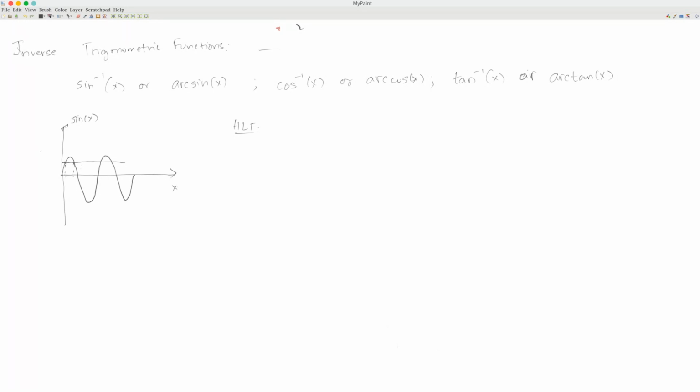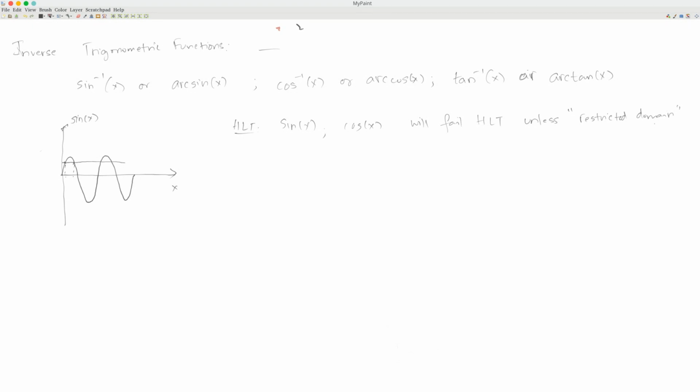So this actually is not one-to-one, and so sine and cosine function will fail the horizontal line test unless, and there's something you should remember from algebra, unless we restrict the domain, then we cannot have an inverse.